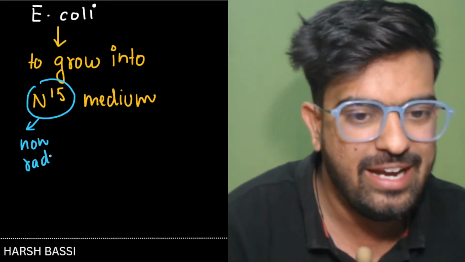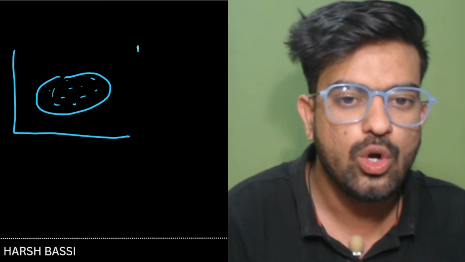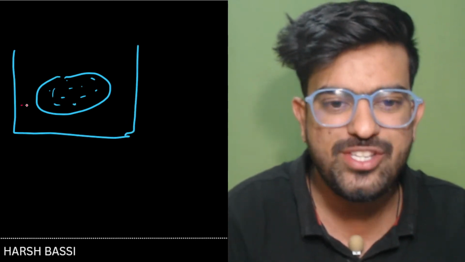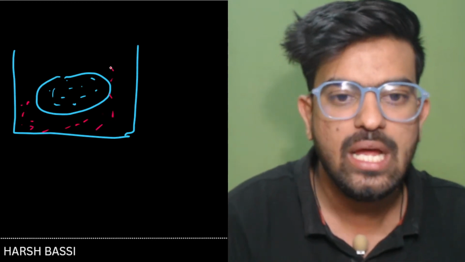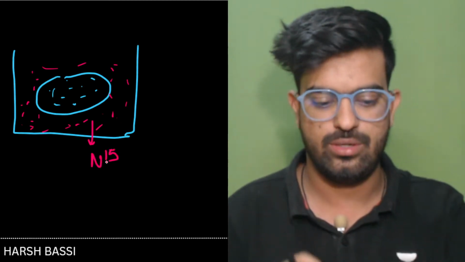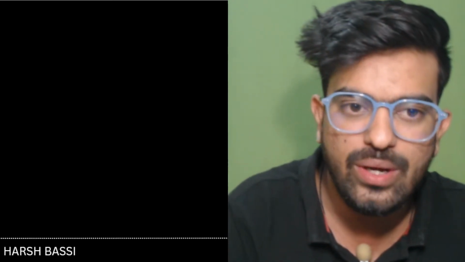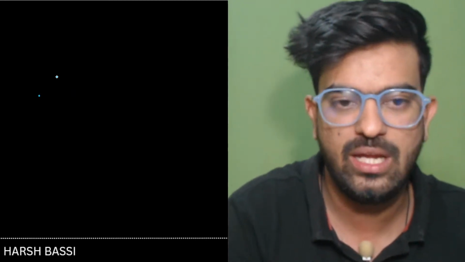So they took the E. coli, and this E. coli was allowed to grow in a china dish which contained N15 nitrogen. Now when this E. coli decided to divide and replicate its DNA, how did it happen?